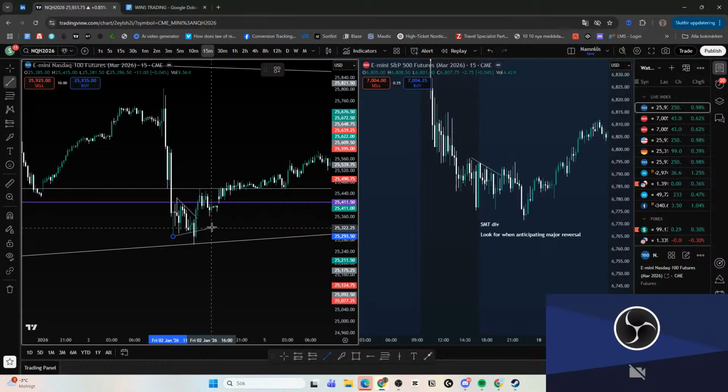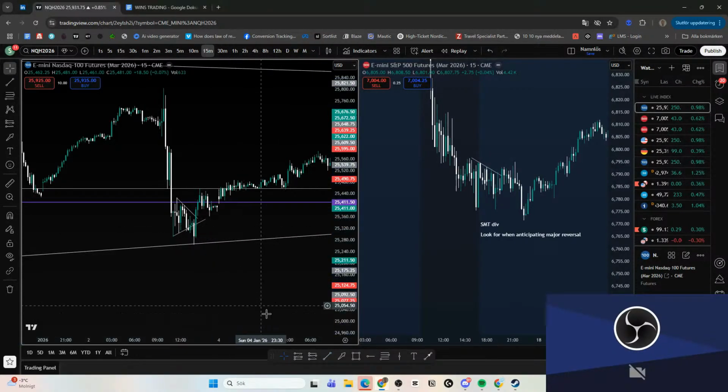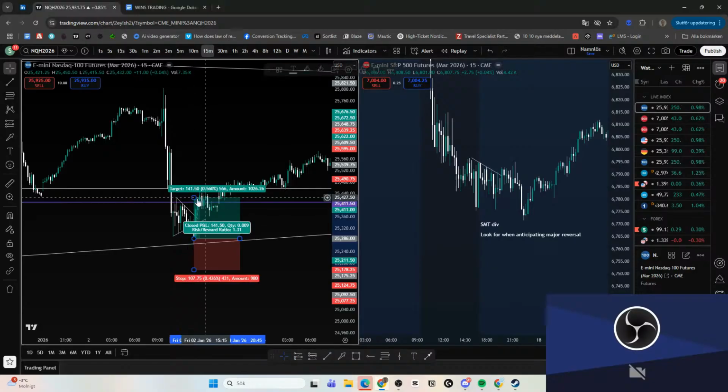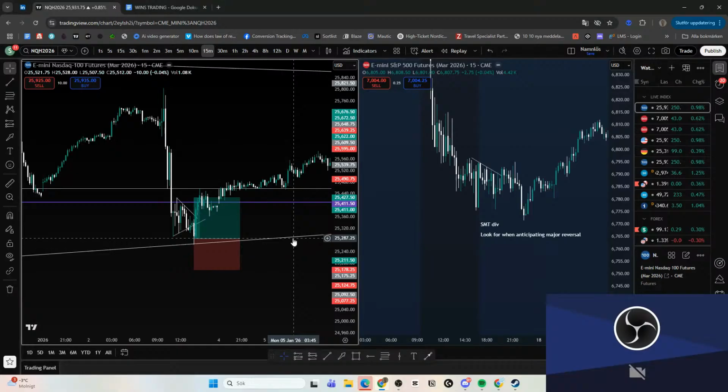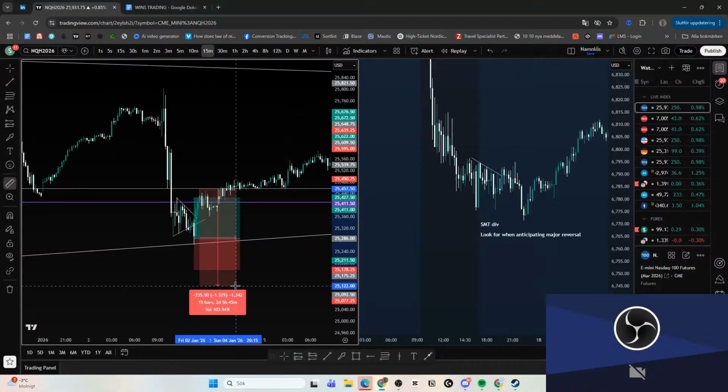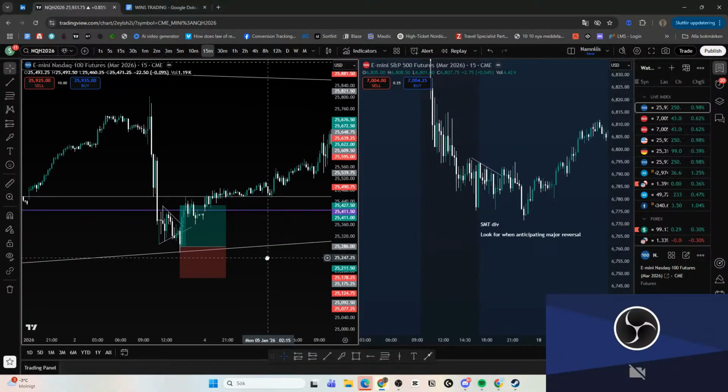Yeah, this was the tricky one where I just didn't get the bias. Like for a lower time frame trade, it would have been clean, catching the manipulation move. But yeah, sadly, I did think we were gonna reverse here, which would have been cleaner.